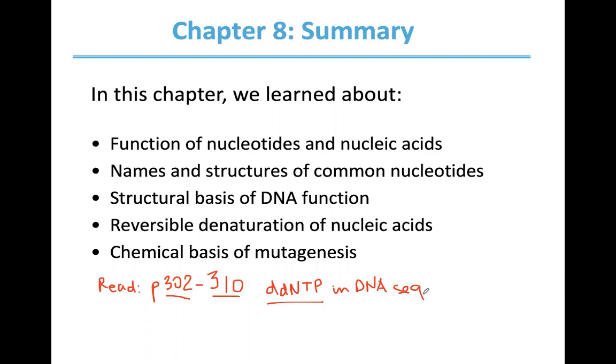All right, are there any questions about today? Yeah, on one of the Sapling questions, it's talking about DNA and RNA. It says this contains the sugar ribose. So technically they both contain a ribose sugar, a 5-carbon sugar. Just one is missing an OH, but it's still technically a ribose.